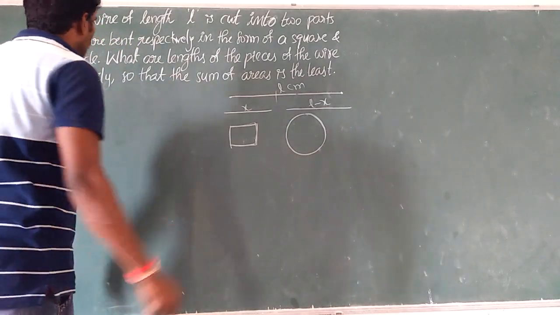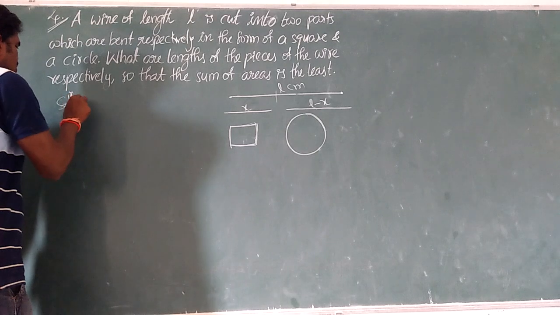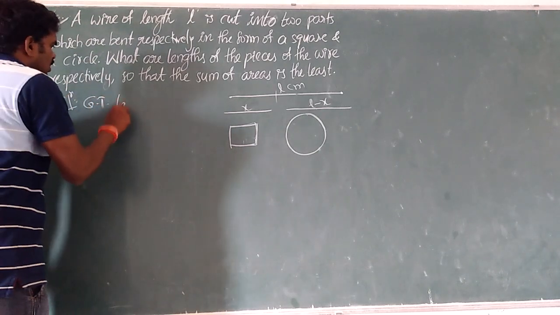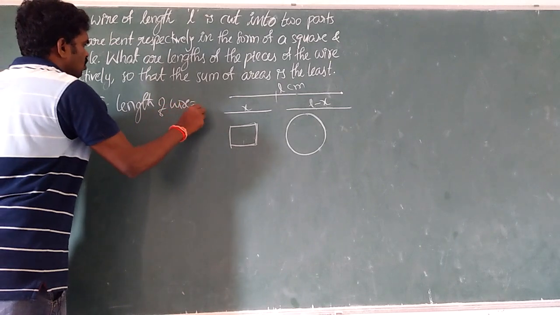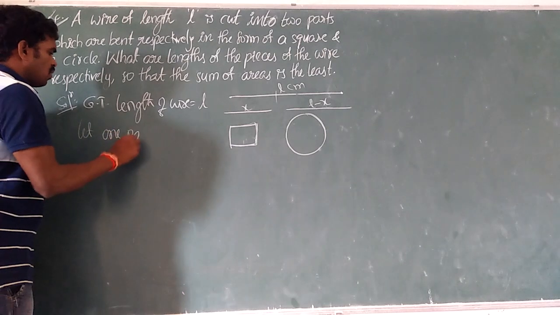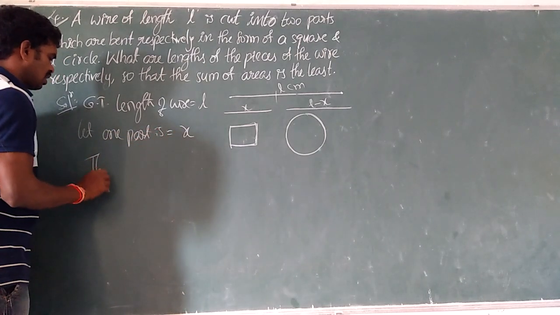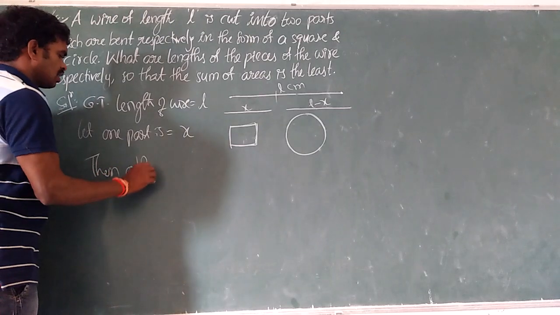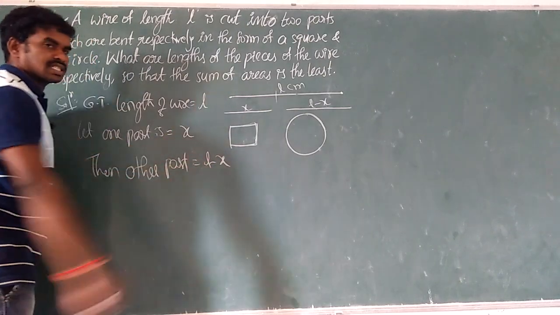Now the solution. Given that the length of the wire is L, let one part be x, then the other part becomes L minus x.